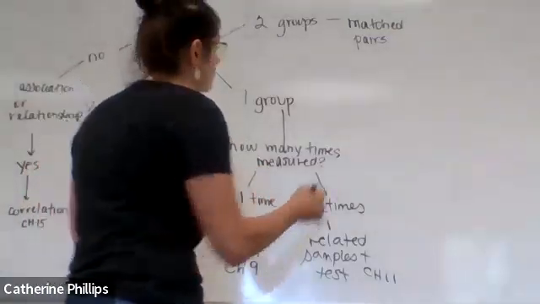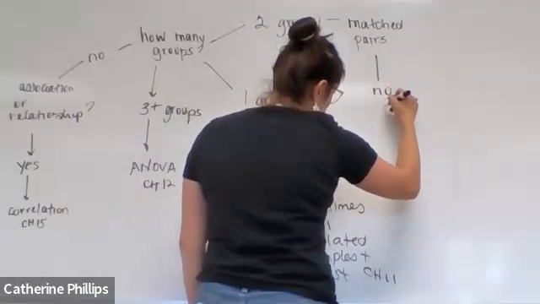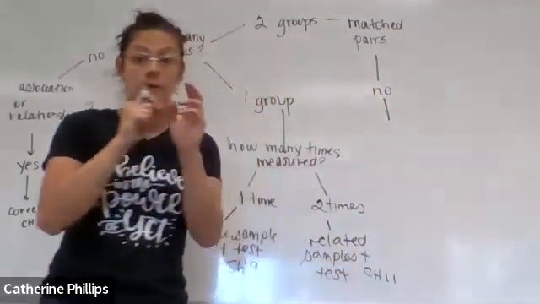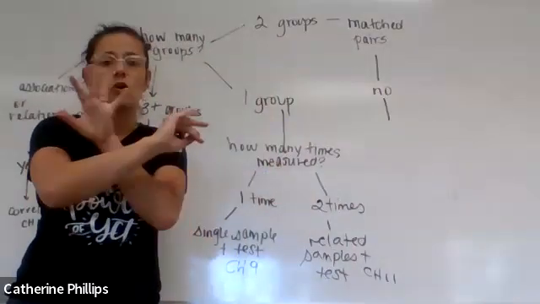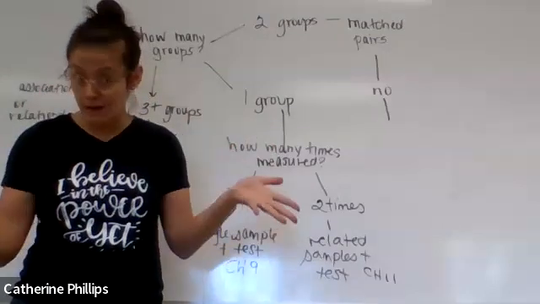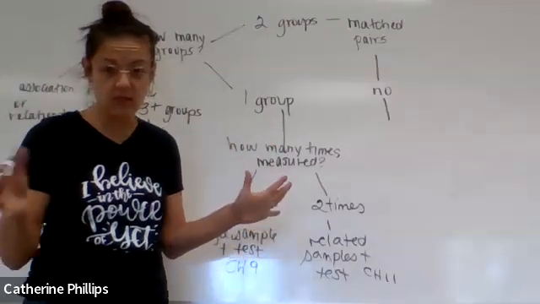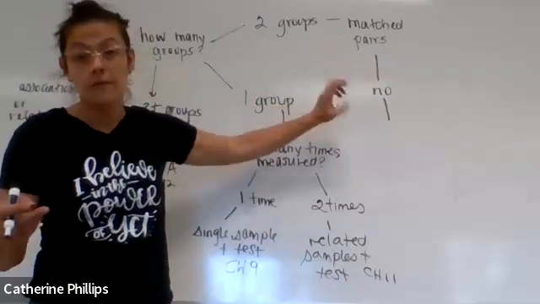If your answer is no, as in you have 2 groups, they're completely unrelated to each other, they're not linked in any systematic way, they're independent of each other. I don't like to use that as the descriptor because that's part of the name of the test.